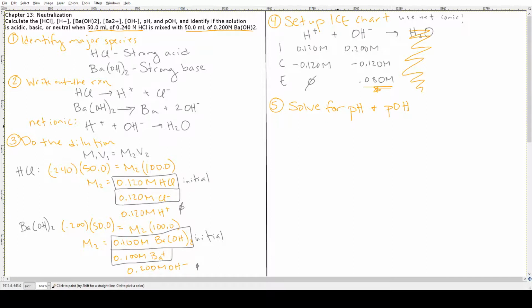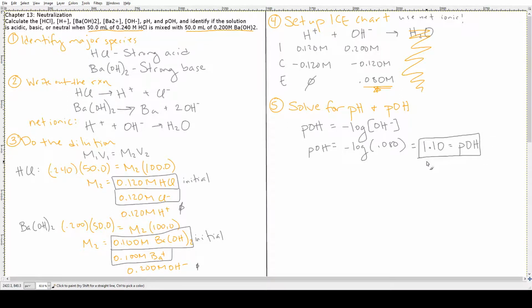I don't have any concentration of hydrogen ions here, so I can't use this to figure out the pH of the solution. Instead, I have to use my pOH first. And I know pOH is the negative log of the concentration of hydroxide ions. So that is equal to the negative log of 0.080. So my pOH is going to come out to 1.10.